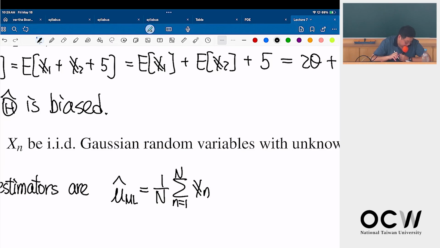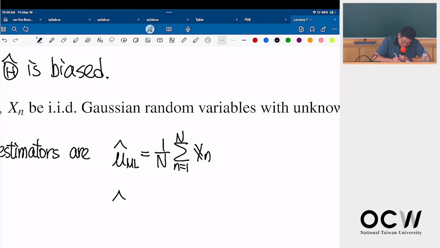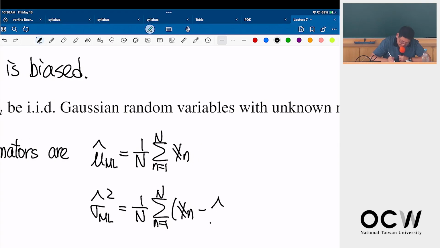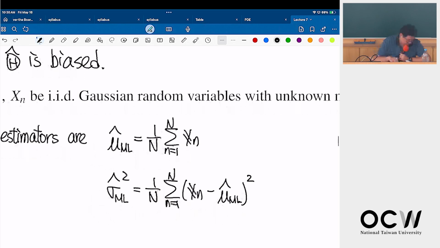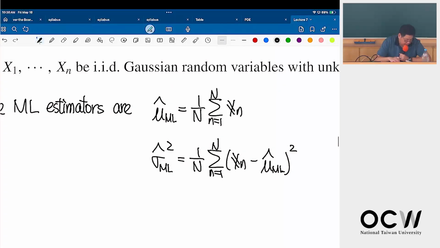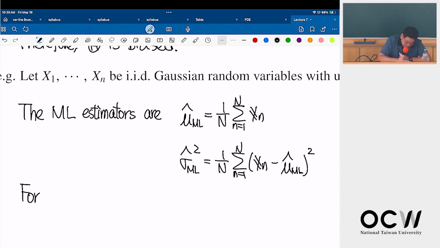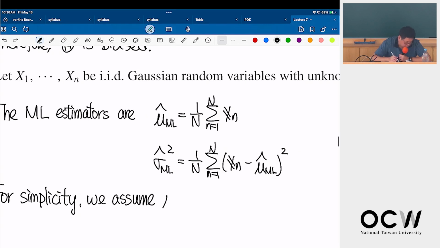And for the variance sigma square, that'd be 1 over N summation of xn minus the mean, squared. Now for simplicity, we assume that the mean is 0.